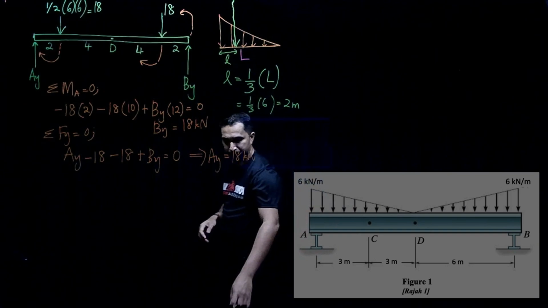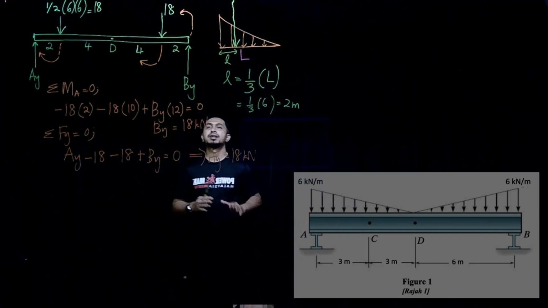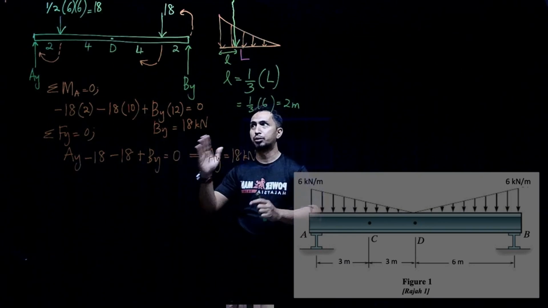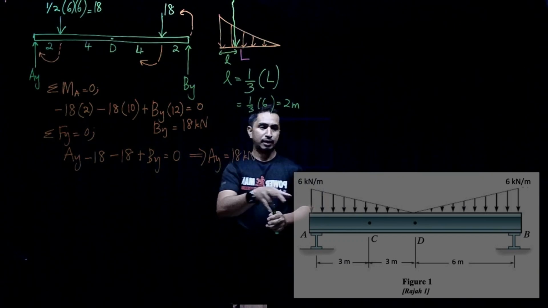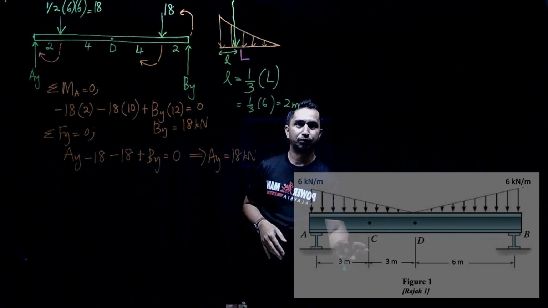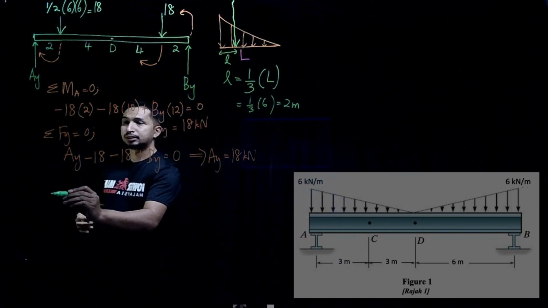Then the next step, after we have the unknowns, we need to draw another free body diagram that relates to the internal loading. So the question is, what is the value when we cut at point C over here? So I will cut that section.